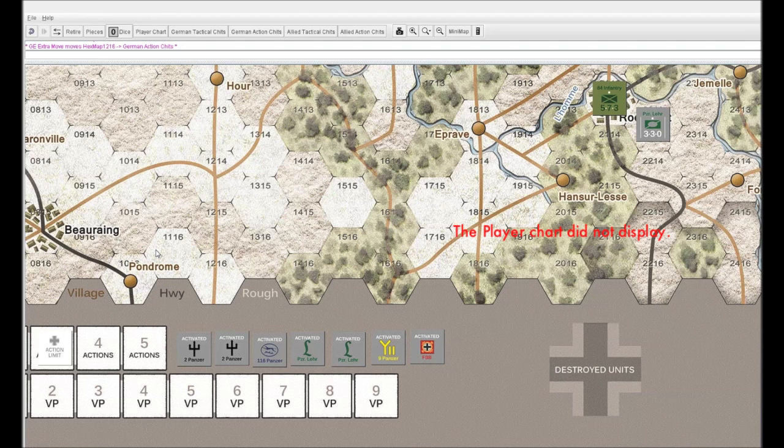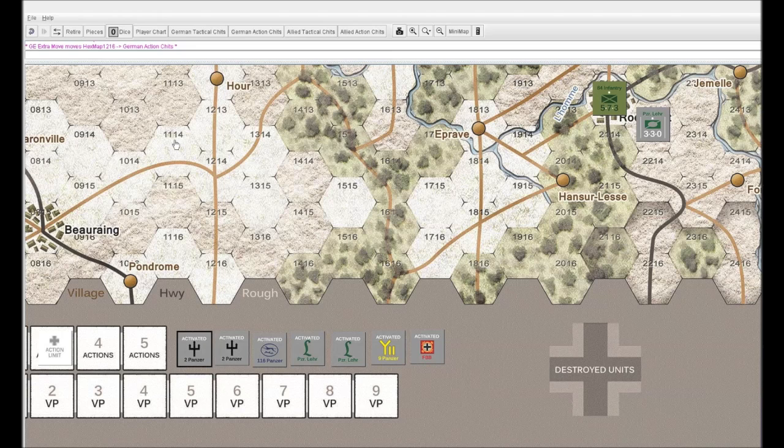And see the Allied chits here, how dissimilar they are from the Germans in that they have the 2nd Armor, who has potentially the ability on the 25th and 26th to move twice during a turn.